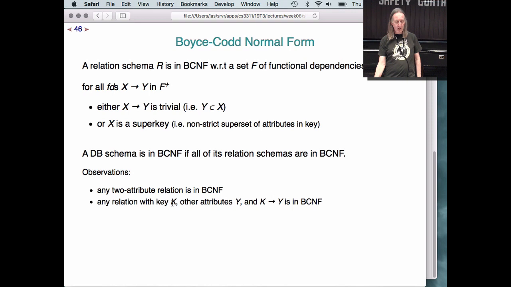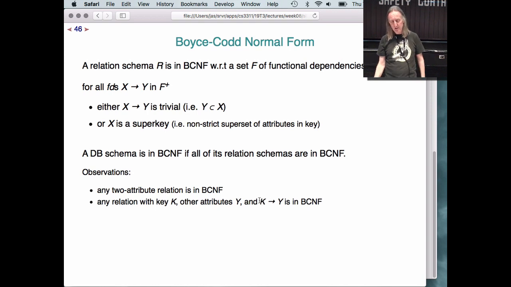So if we've got a relation with a particular key and some other attributes, then basically we should have a functional dependency on the table that says the key determines everything else. Now that may be split across a number of different functional dependencies.